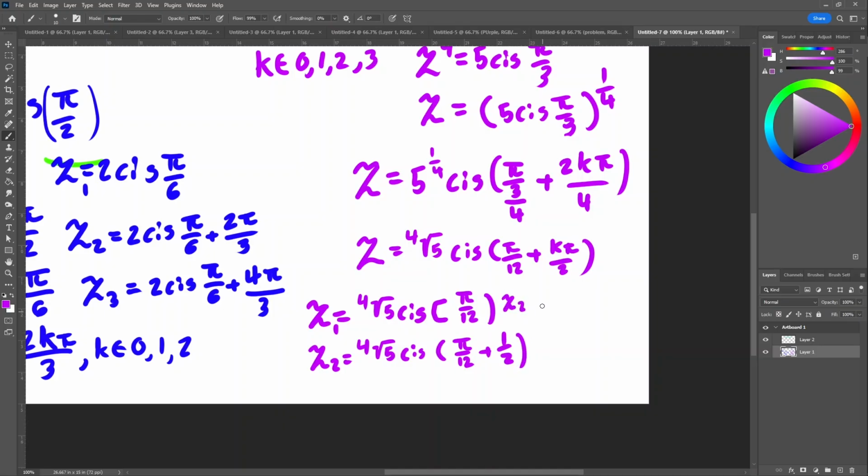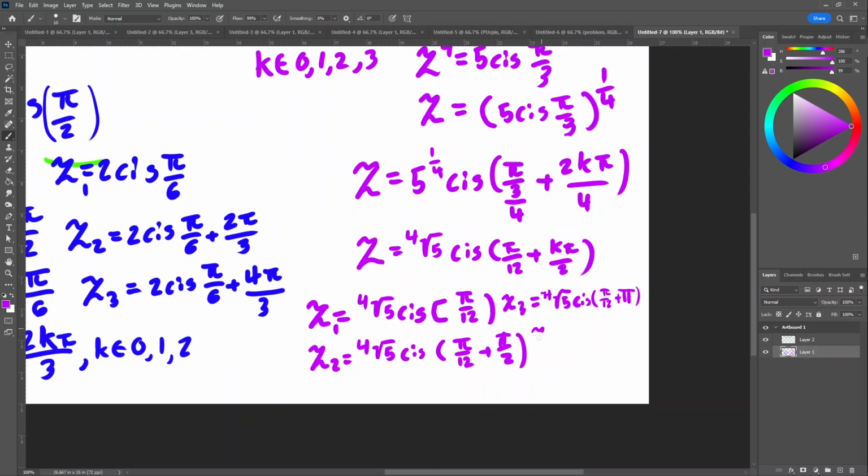I'm running out of space, really. z3 is equal to 4th root of 5 cis pi over 12 plus, oh, not plus 1/2, plus pi over half. So this one would be plus pi. And that's 3.